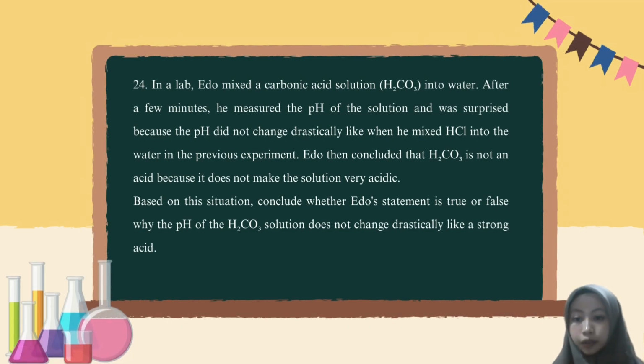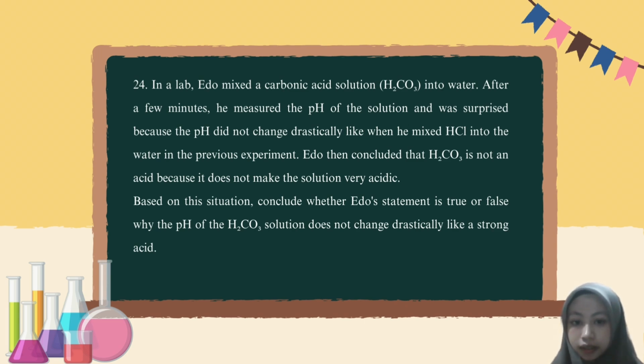Next, question number 24. In a lab, Edo mixed a carbonic acid solution, or H2CO3, into water. After a few minutes, he measured the pH of the solution and was surprised because the pH did not change drastically like when he mixed HCl into the water in the previous experiment.